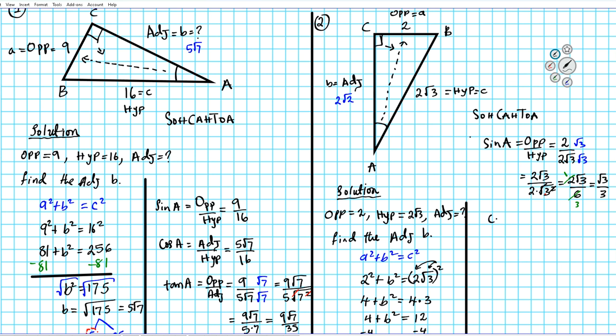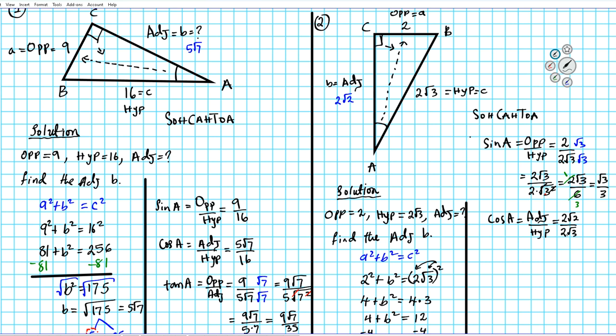Okay. Cosine. Cosine of A is going to be CAH, adjacent over hypotenuse. And then here your adjacent is 2 root 2, and your hypotenuse is 2 root 3.